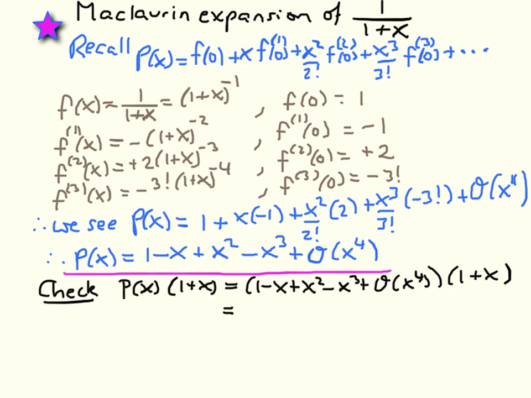So we're going to get 1 minus x plus x squared minus x cubed plus terms of order x to the fourth, and then we get plus x times 1, so the x times the 1, minus x times x is minus x squared, and then we have plus x squared times x, so that is plus x cubed, and then we're going to get from minus x cubed times x and minus x to the fourth, but there are other terms of order x to the fourth that we don't know, so there is no point in writing x cubed times x.